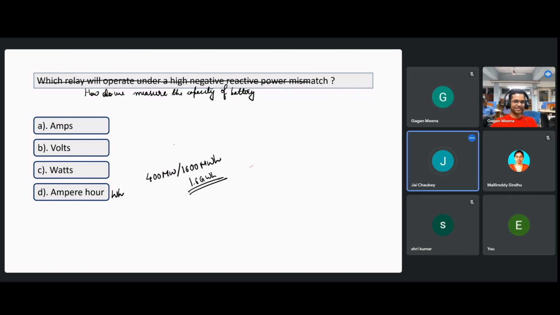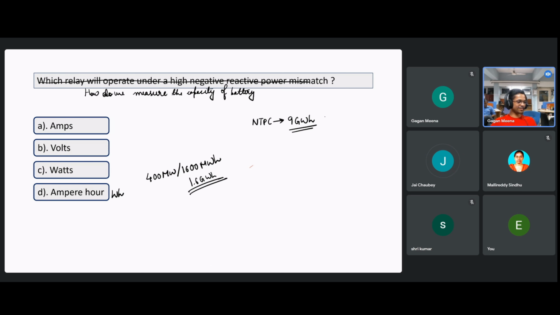Recently, NTPC has also floated a tender for 9 gigawatt hours of storage, maybe in Rajasthan. That means it is not for a single location, it is for multiple locations.